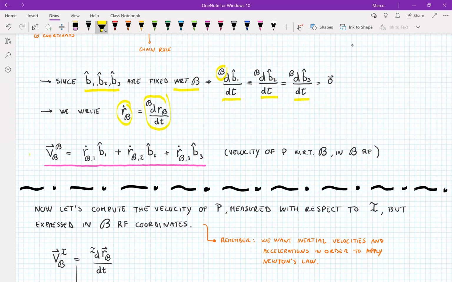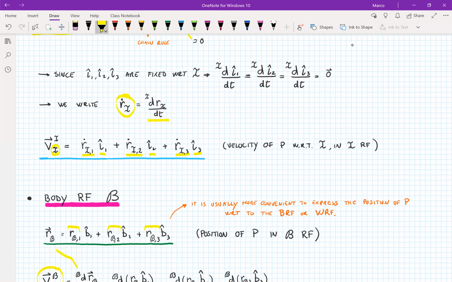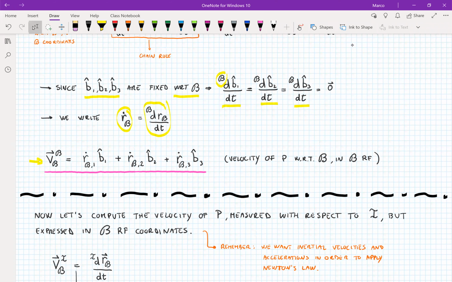So we found two velocities. These two velocities are different. One is an inertial velocity, which happens to be written in the inertial coordinates. And the other one is the non-inertial velocity, which happens to be written in the body reference frame coordinates.